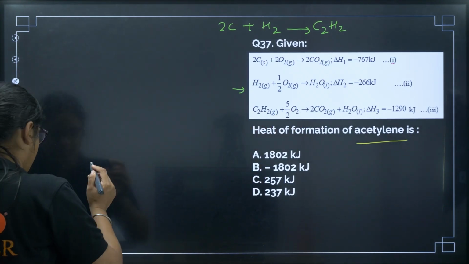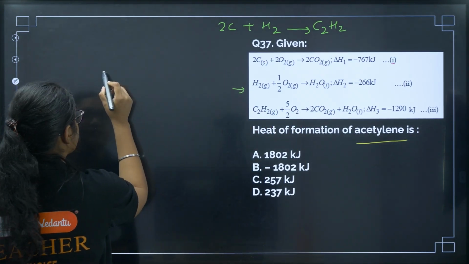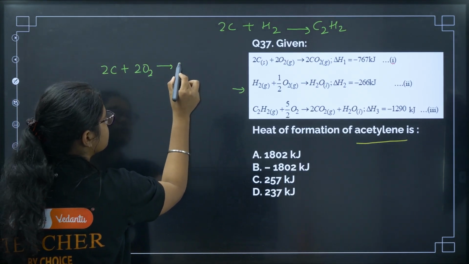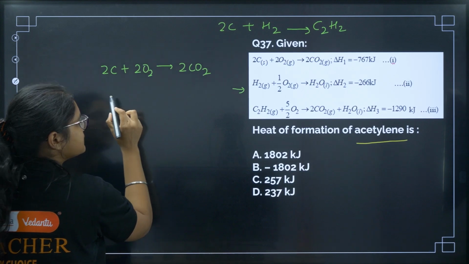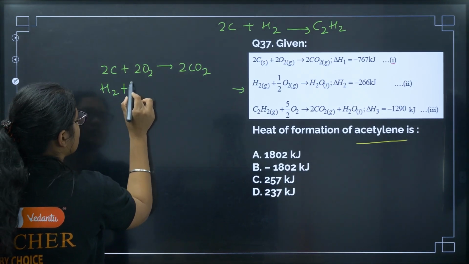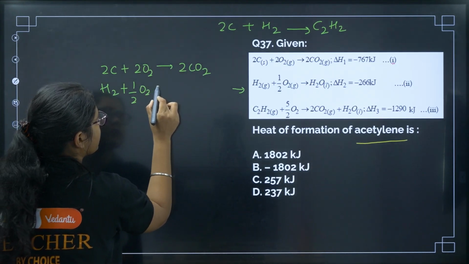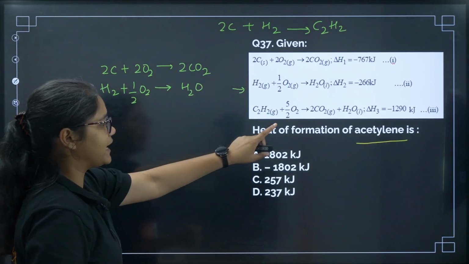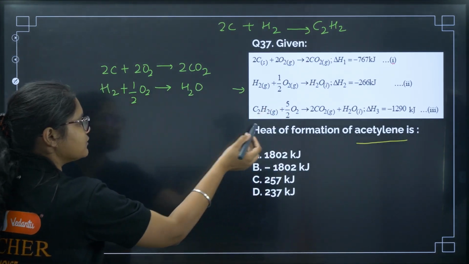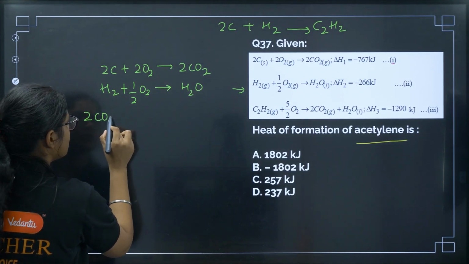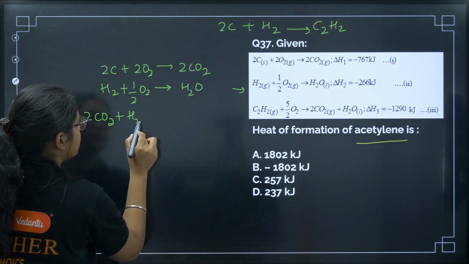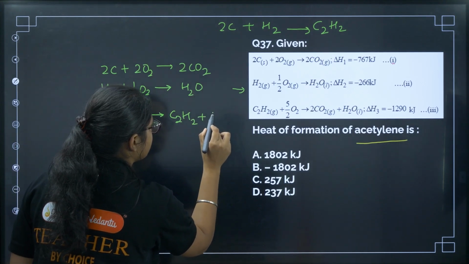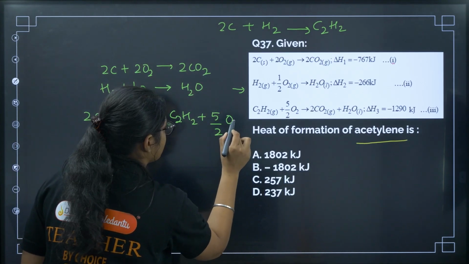We can take this one, 2C plus 2O2 gives 2CO2, and this reaction H2 plus half O2 gives H2O. The third reaction you reverse and then add. If you reverse the third reaction, we get 2CO2 plus H2O gives C2H2 plus 5/2 O2.